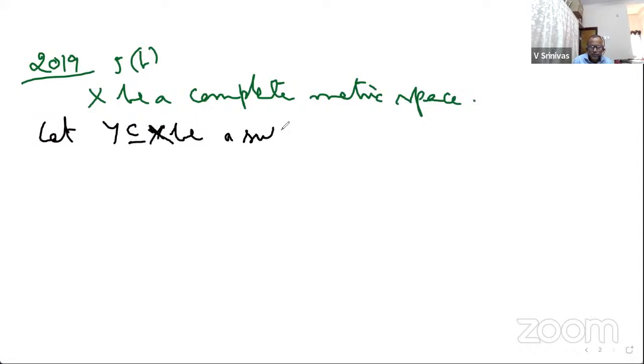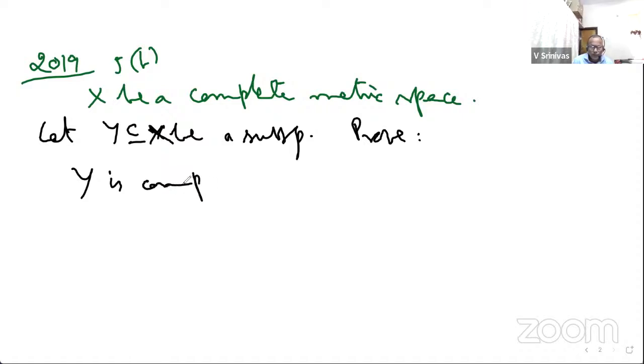Prove that Y is complete if and only if Y is closed in X. Right.